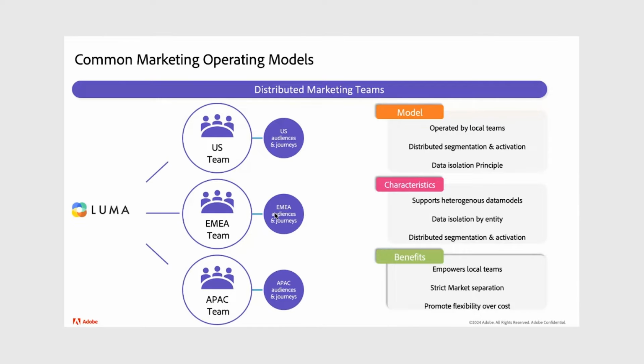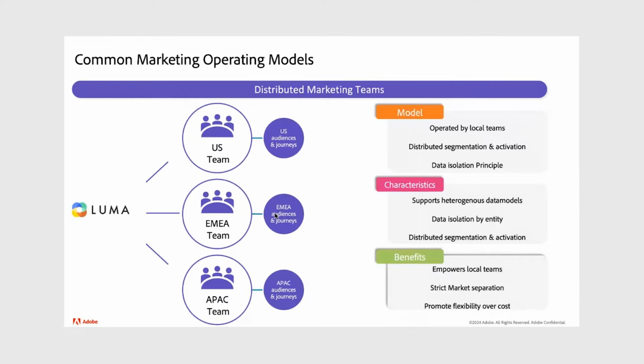It provides more flexibility because we can have a customized data model for each of those geos. And it gives also more power to the local teams because they have more control over the kind of data they can collect and the data that they can activate. And this does not have any impact on the other geos.